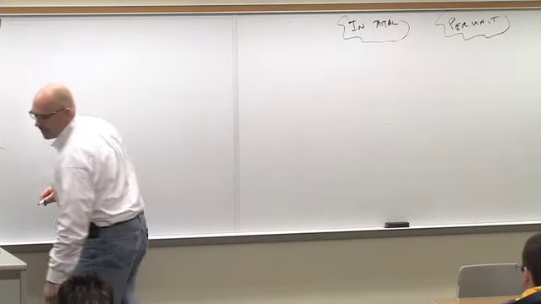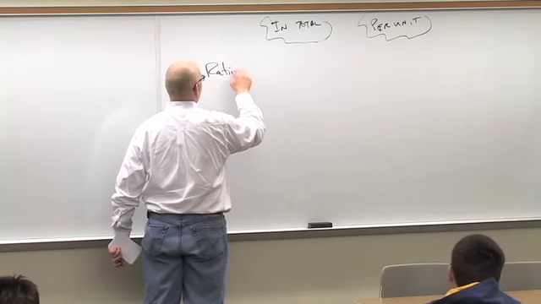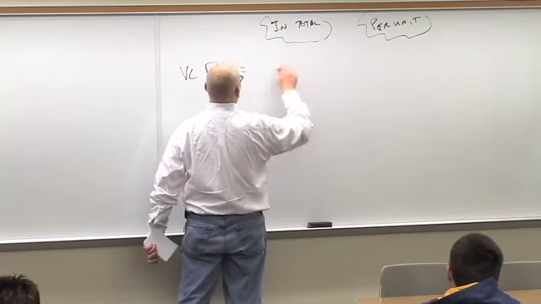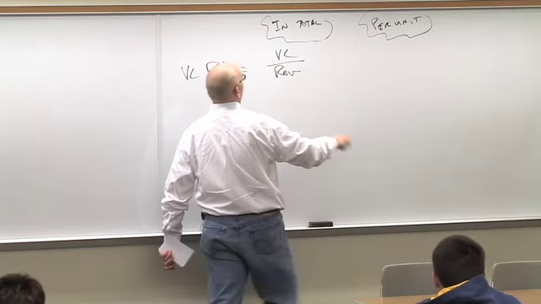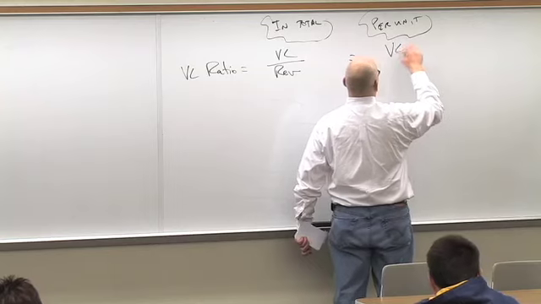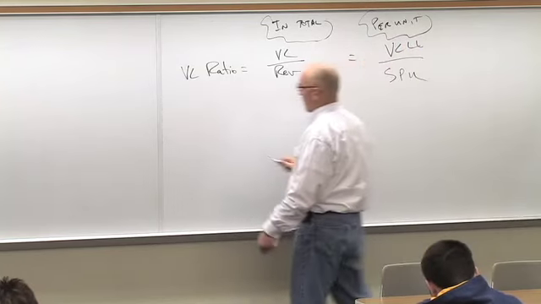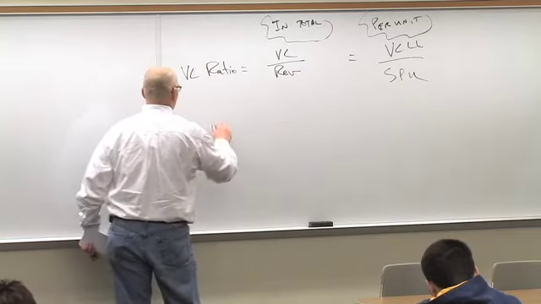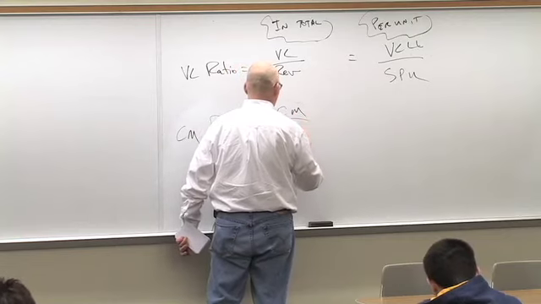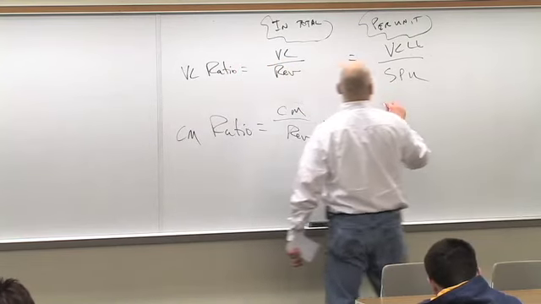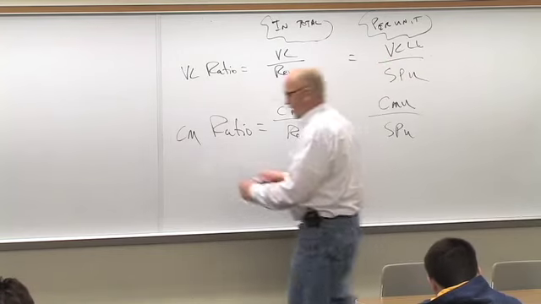The variable cost ratio equals variable costs over revenue, and that equals variable cost per unit divided by selling price per unit. Contribution margin ratio equals contribution margin over revenue, and that equals contribution margin per unit over selling price per unit, okay?